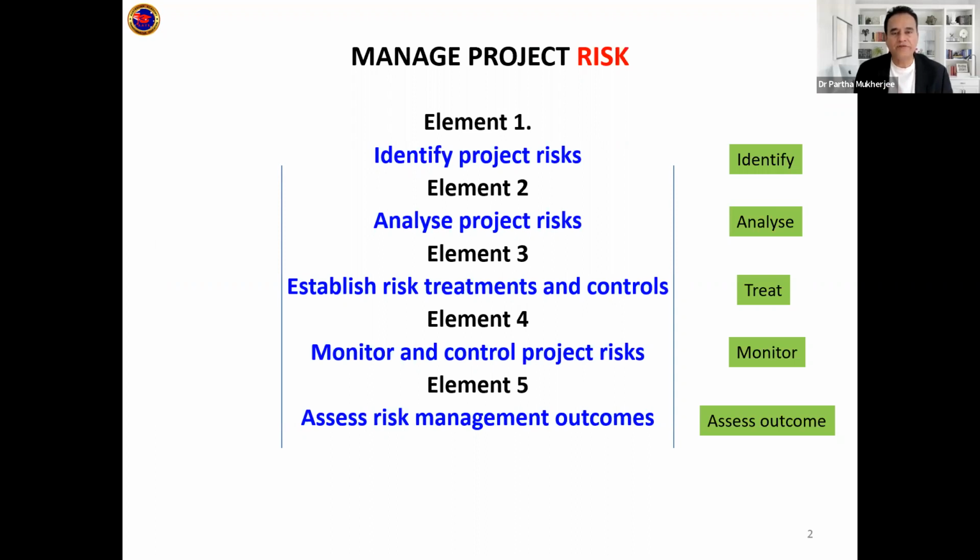Based on your assessment you'll have a plan of how to have your next risk management plan. So if you take care of all these five elements, that means you have known about risk management and you're competent about risk management.